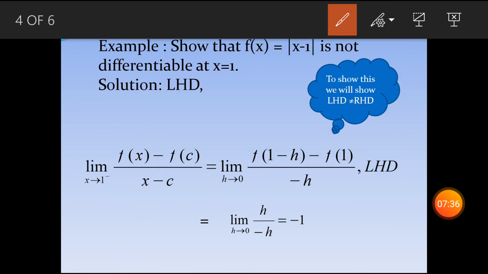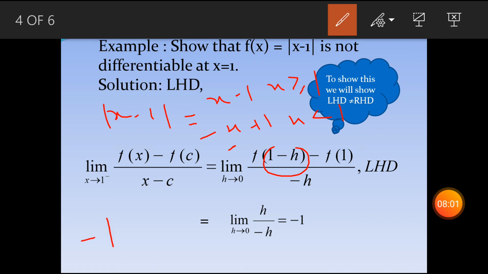How is it happening? That you can see. |x - 1| can be defined as x - 1 for x greater than or equal to 1 and -x + 1 for x less than 1. Now this condition is x less than 1, so -x + 1, and in place of x we have 1 minus h.